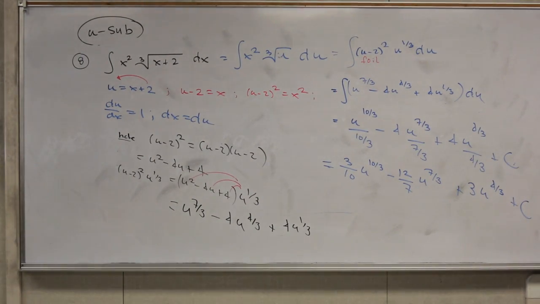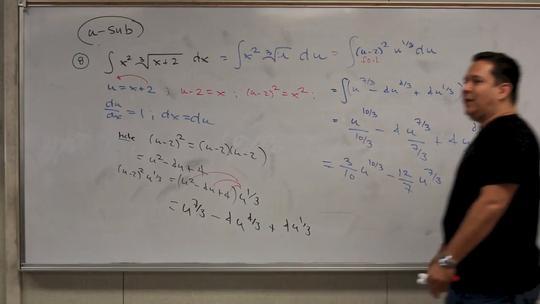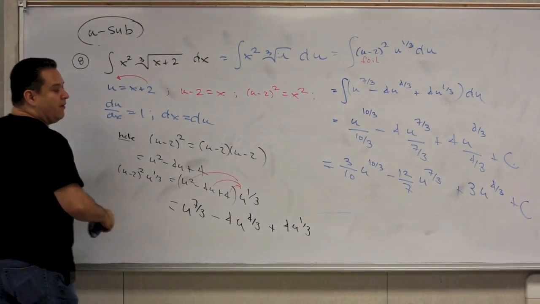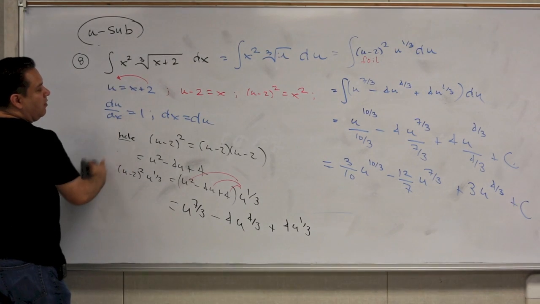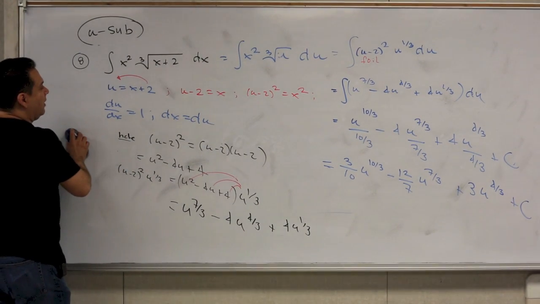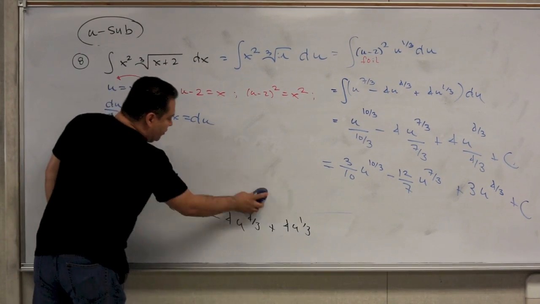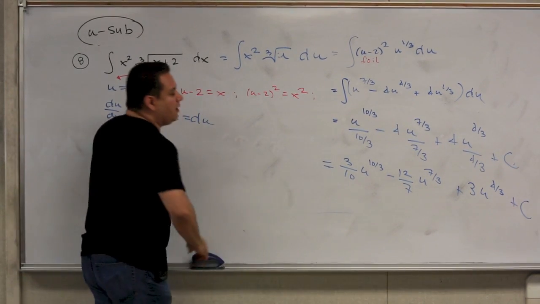Okay, we're not done. Well, we can be if you wanted. You guys want to simplify now? What do you guys think? Should we simplify that? Can I erase this though? Okay, let's erase this. You guys have this in your notes? The issue is, should we simplify this? We could.